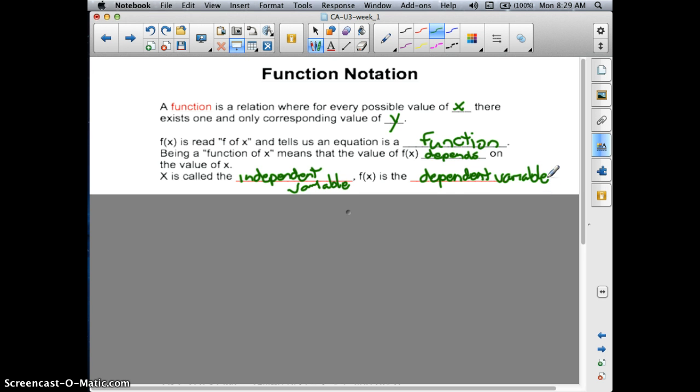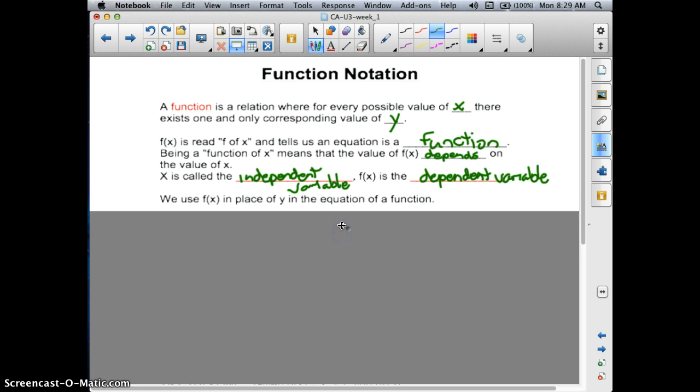There's a lot of new terminology here to work with, but the main thing is that we use f(x) in place of y in the equation of a function.